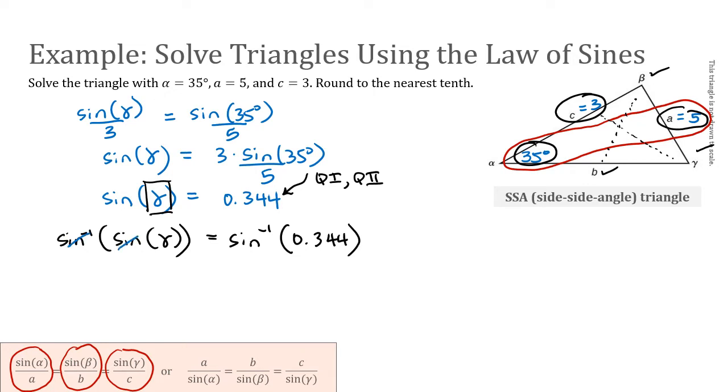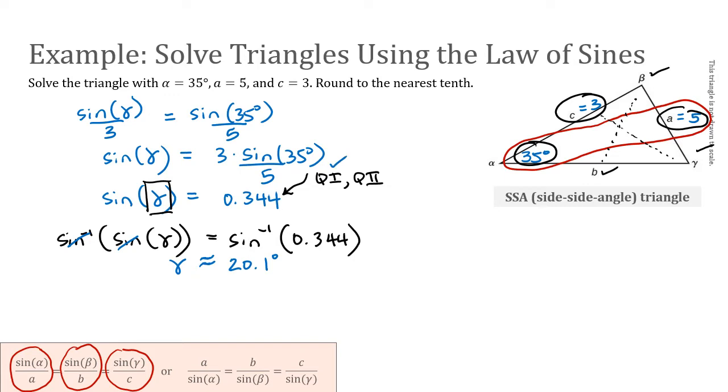Sine inverse undoes the sine, and I am left with gamma equaling what my calculator told me was approximately 20.1 degrees. And that makes sense because that is an angle measure that's in quadrant 1.